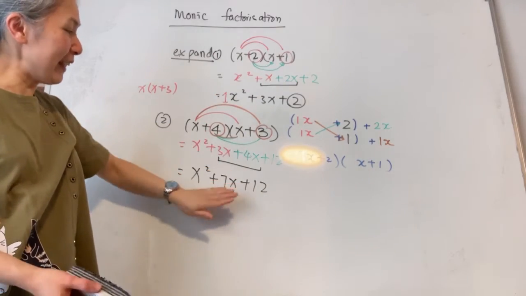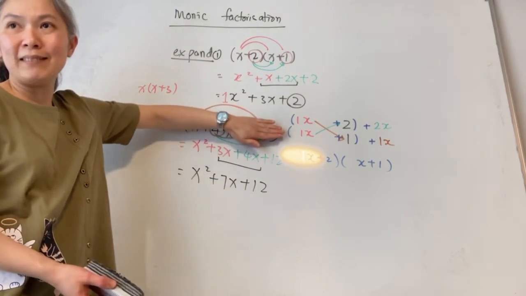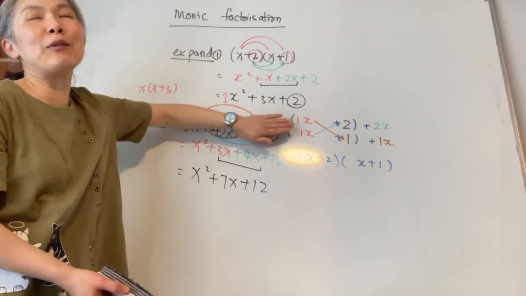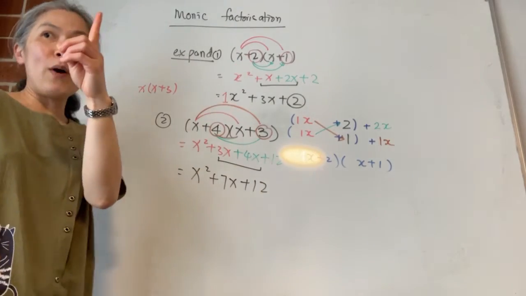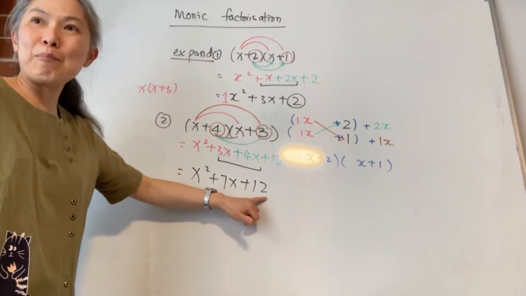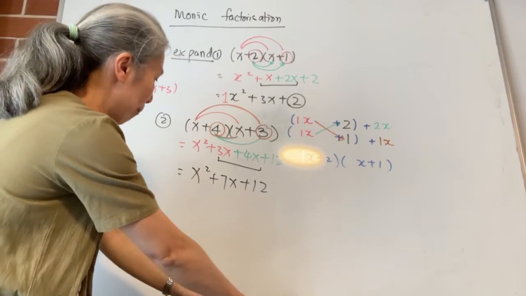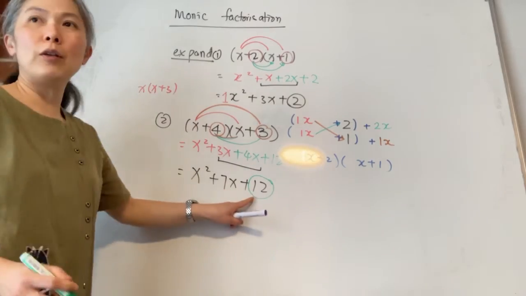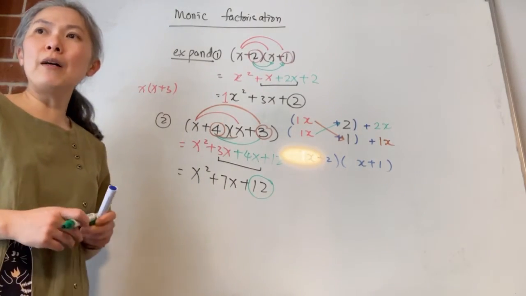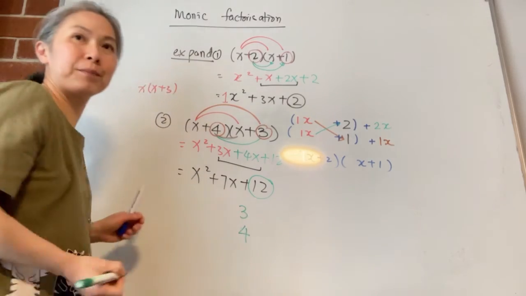So let's look at this example again. Okay, we want to work backward. We do not know this happened. We do not know this one exists. That's what you want to get to. So remember step 1, you are looking at the end number, the whole number there. This one in here, 12. What are the two numbers multiplied to get 12? 3 and 4. I can do 3 and 4.